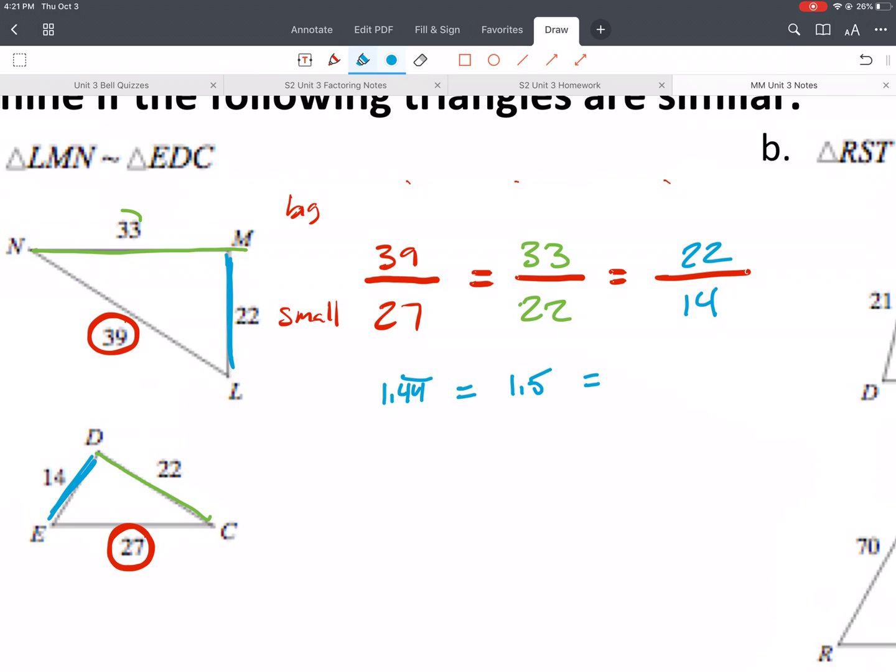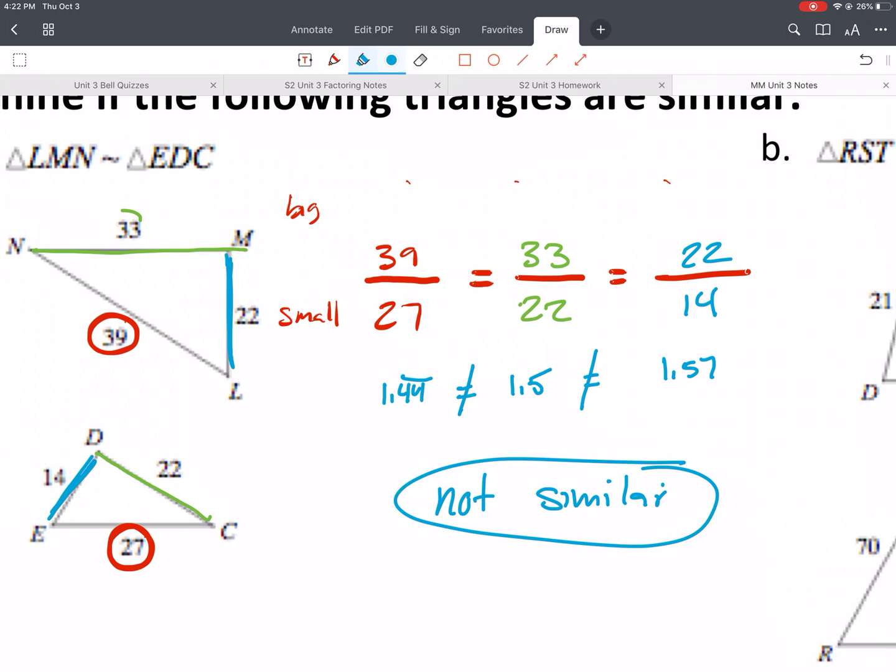And then 22 divided by 14 is 1.57. So none of the sides are proportional. We would say that this is not similar.